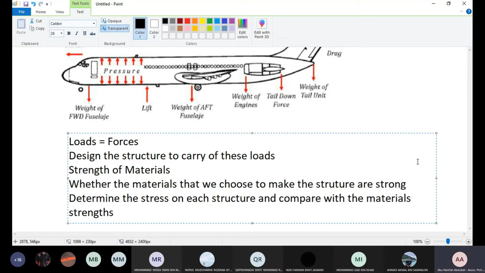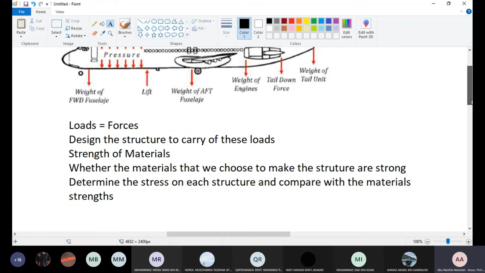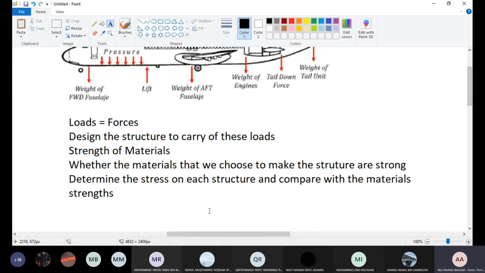I think I have given you the example earlier, the one that we went through with the simple rod and beam example. That is a good example of the process: how to determine the stress of each member, and how to compare with the material strength. Each material has a strength.